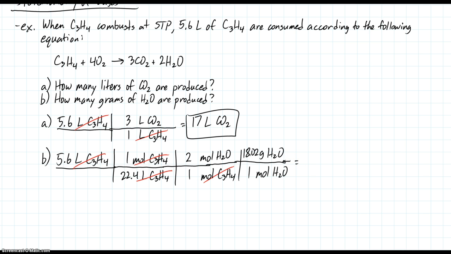And so then we would multiply this out. We are now in the units that we want, grams of H2O. And again, we're limited to 2 significant figures in our answer, and we will end up with a result of 9.0 grams of H2O.